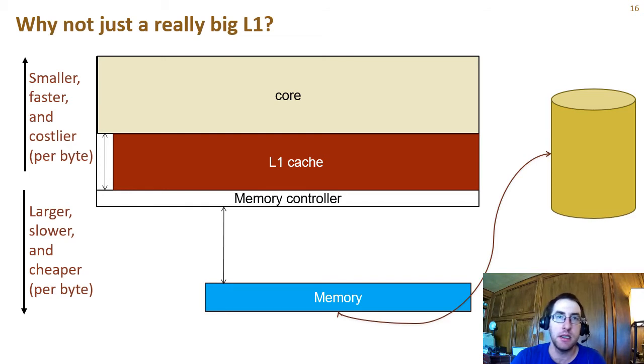Well, the L1 cache is expensive, and if we wanted to have, let's say, 32 gigabytes of L1 cache, well, if we could even fit it on a chip, it would cost us about $32,000. I don't think anyone's willing to spend $32,000 on a single computer.